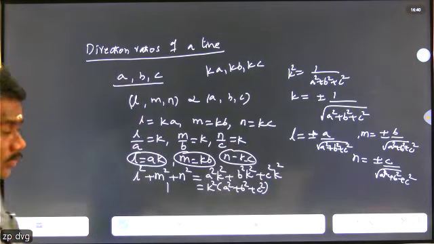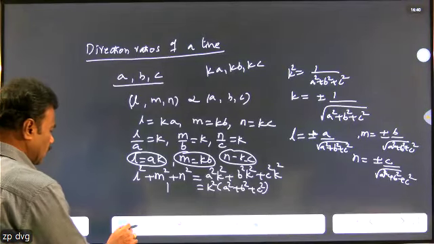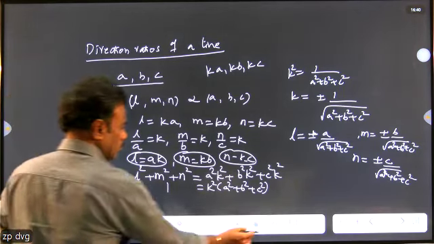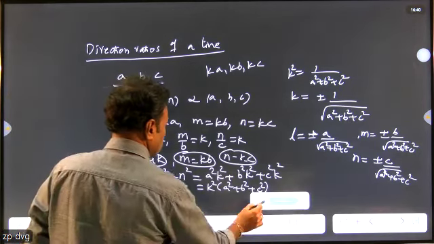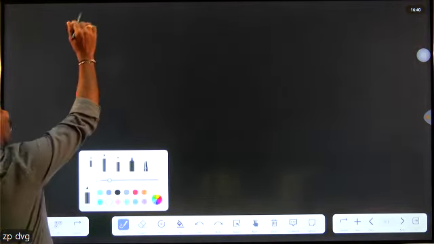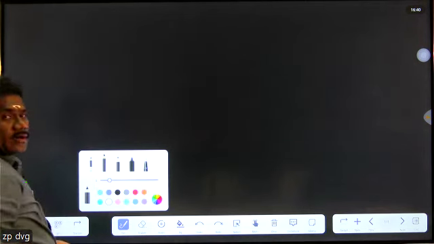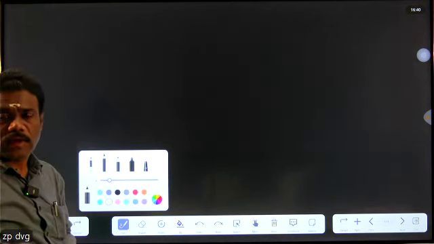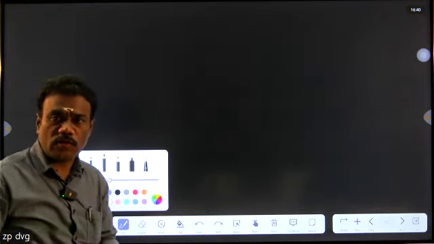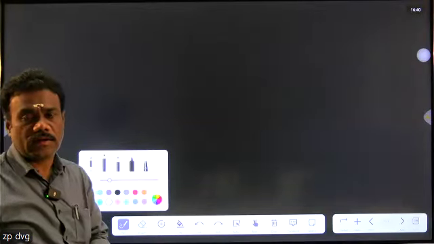Next we'll discuss the angle between two lines, when their direction ratios and direction cosines are given.